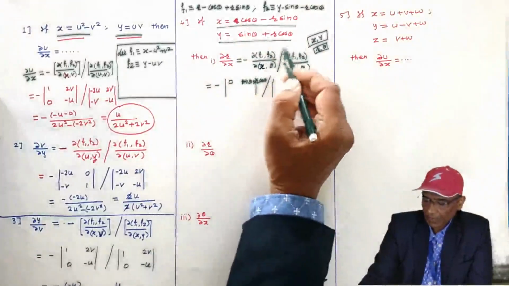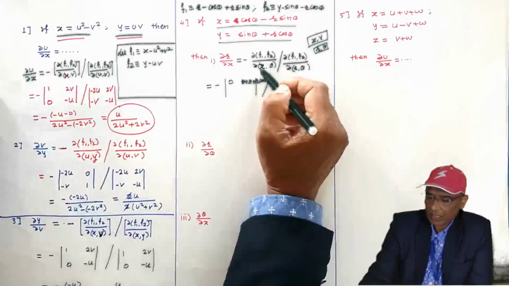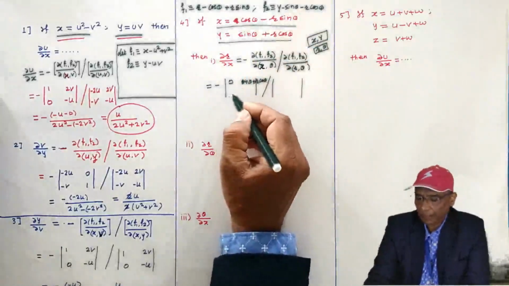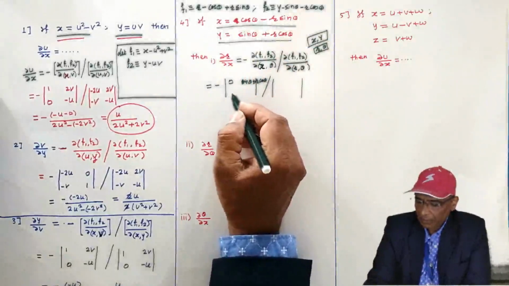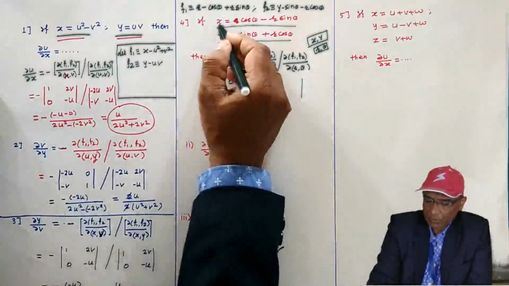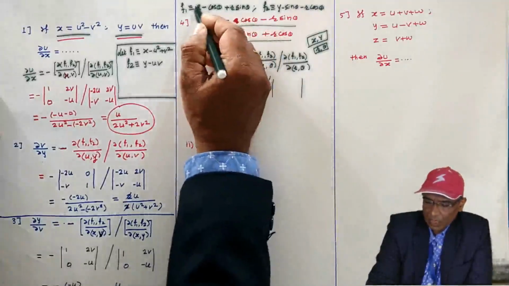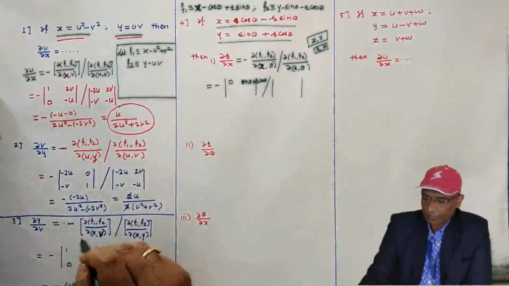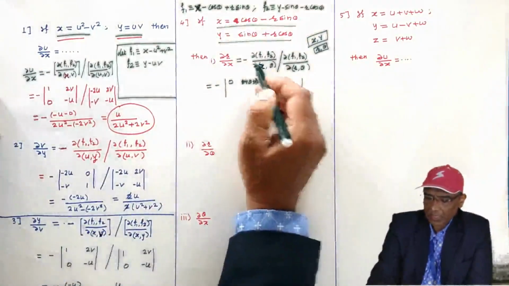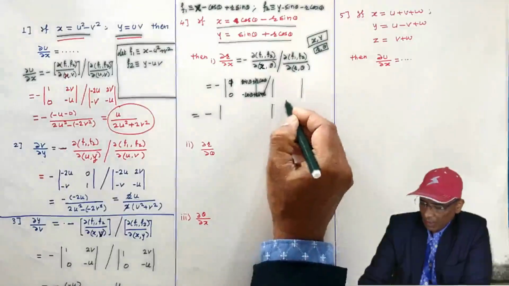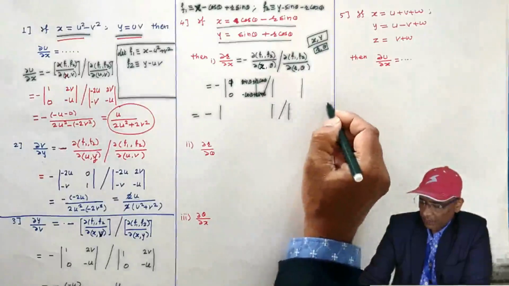Now del f2 by del x. This should be x, this should be x. I have written r here, it should be x. Okay. Now del f1 by del x, the derivative of f1 with respect to the numerator Jacobian and denominator Jacobian.